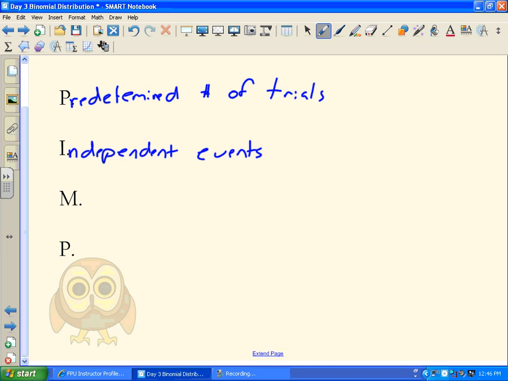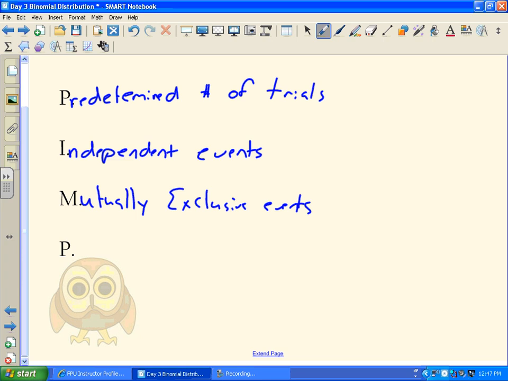M: mutually exclusive events. Again, in the context of the previous problem, you either flew domestic or you didn't fly domestic. You can't fly both.